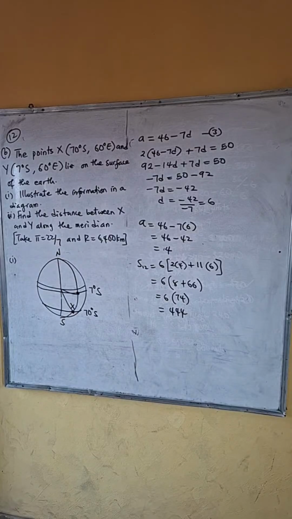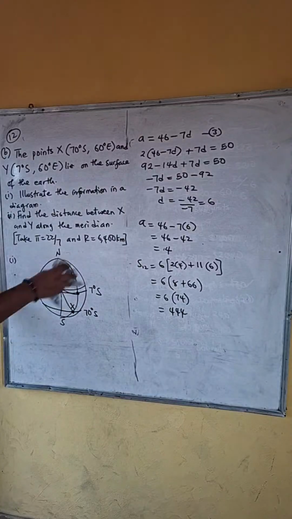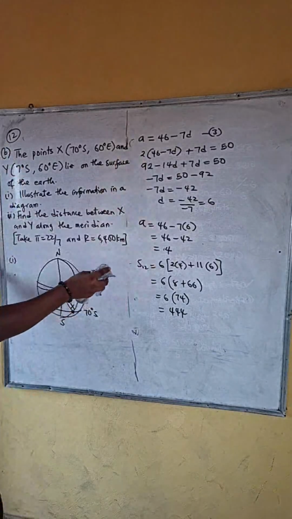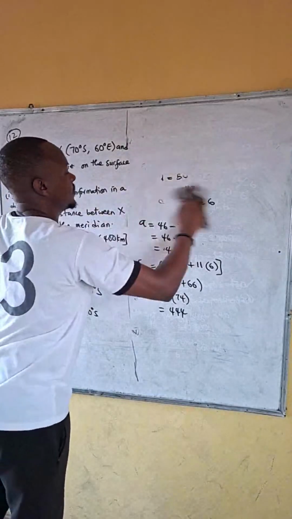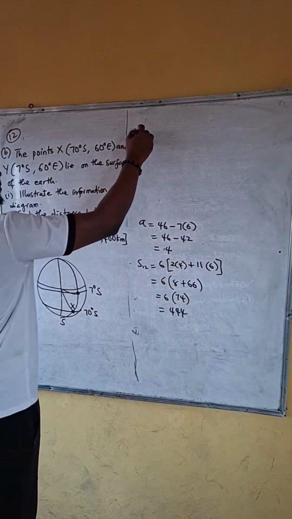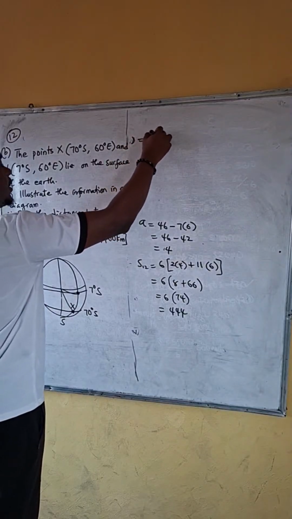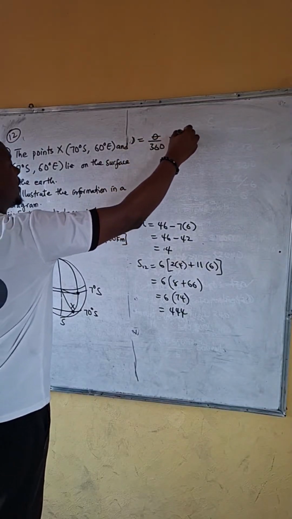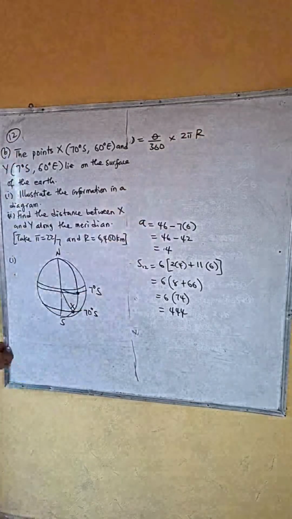So what formula are we going to use? The regular one, right? What is the regular formula? Have you written this? Good. So distance will be theta over 360 times 2 pi big R.